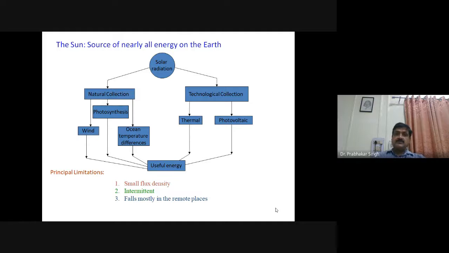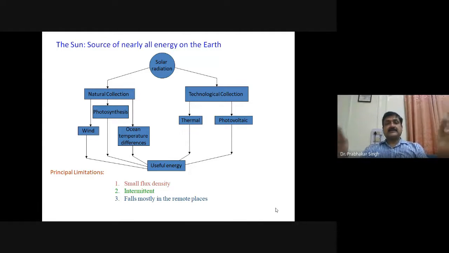And you also have the technological collection: you can collect it thermally, for thermal applications, with thermal collectors, or with photovoltaics, for producing electricity.